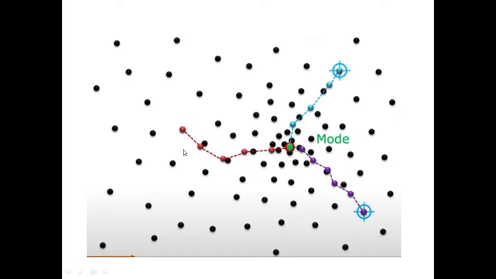Finally, these three pixels are going to end up climbing this hill. This hill is nothing but a mountain. That means all these pixels come into one cluster group. So this is what happens in the mean shift algorithm.